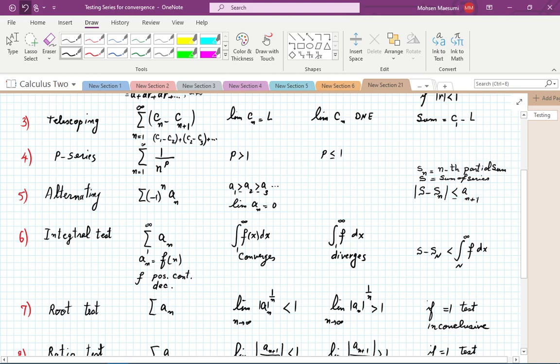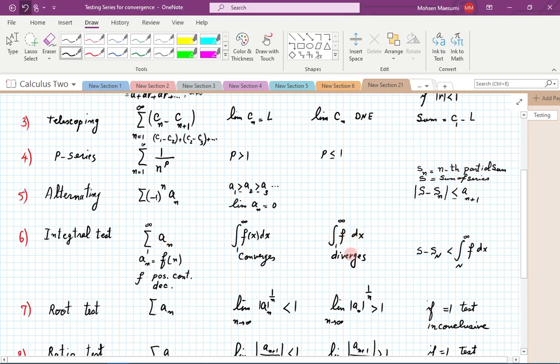Another test we had was the integral test. In the integral test, we have a series and there's a function. We know of a function that matches the terms of the series. That function is positive, continuous, and decreasing. If the integral of the function from 1 to infinity converges, the series converges.